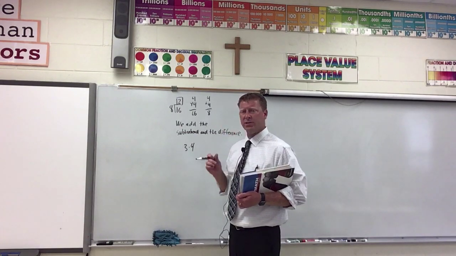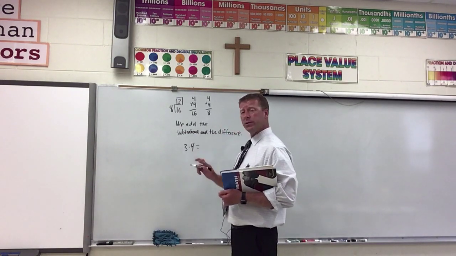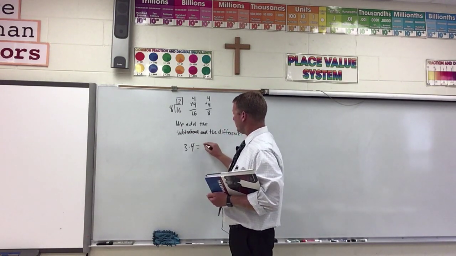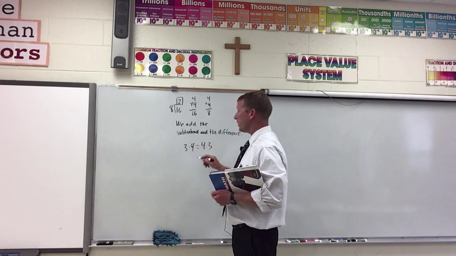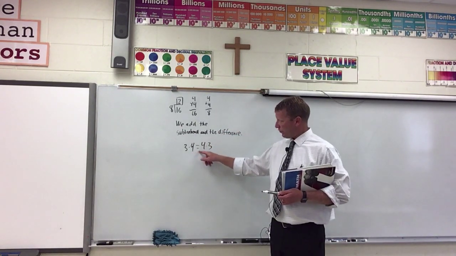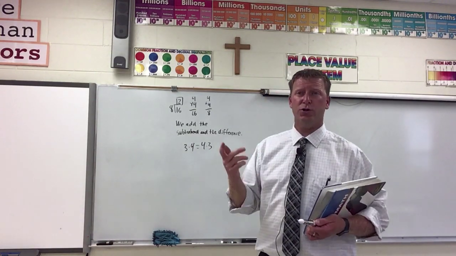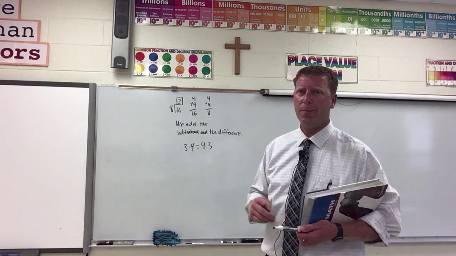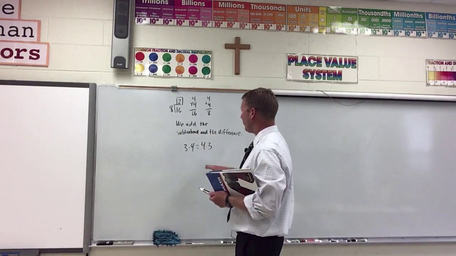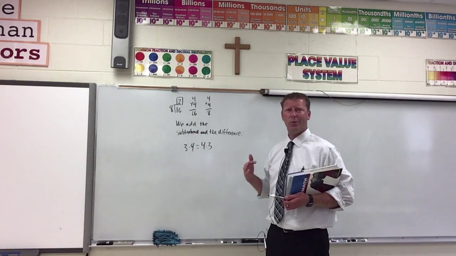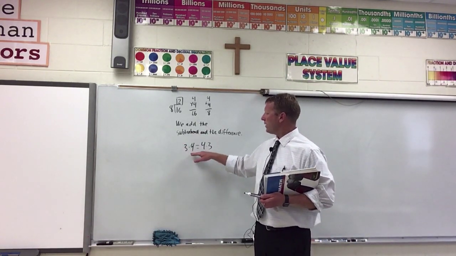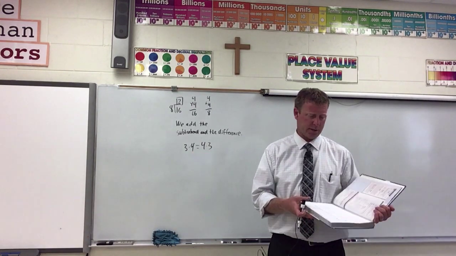We didn't ask for an answer. We said 3 times 4 equals, change the order. 3 times 4 equals 4 times 3. On your math tests coming up in the future, they're going to ask you to show the commutative property, and a lot of 6th graders are tempted to write an answer down. We don't write an answer down. We do 3 times 4 equals 4 times 3.